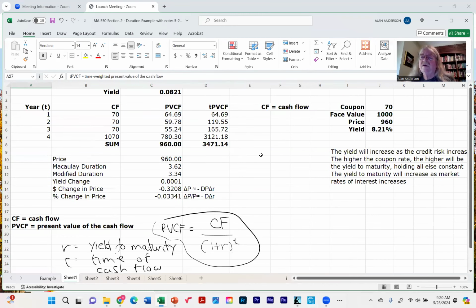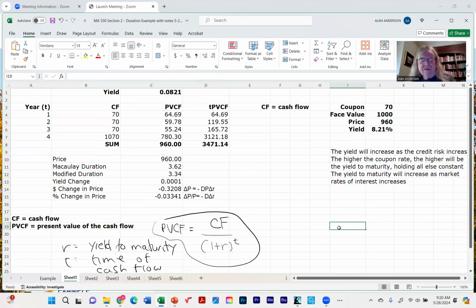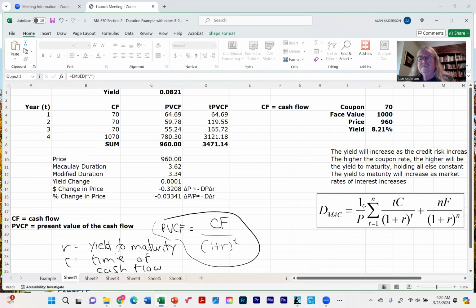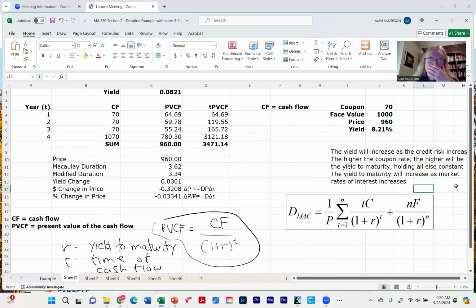Now, I do want to point out here a couple things. Actually, let me do this. Let me go get the Macaulay formula. Here we go. So column C. The way it's been set up here is that in column C, the first three present values, these three, represent this term.